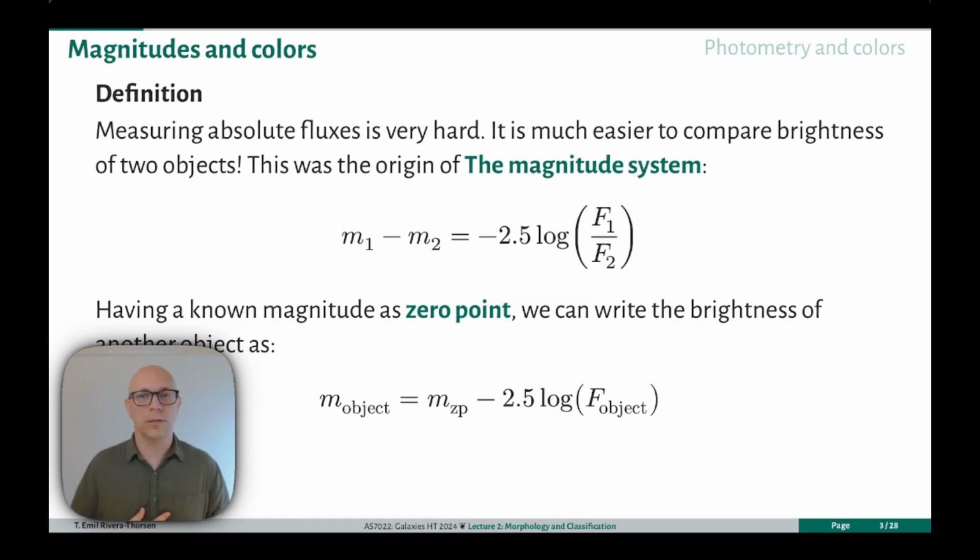Now, the magnitude system is by definition, as you can see, a comparative way of measuring two things, but you can always define a magnitude 0 point, and with that 0 point, you can rewrite the first equation as the lower one down here, where the apparent magnitude of an object is the apparent magnitude of the 0 point, or your object of comparison, minus simply 2.5 times the logarithm of the object in question.